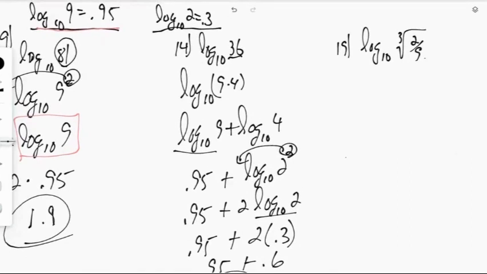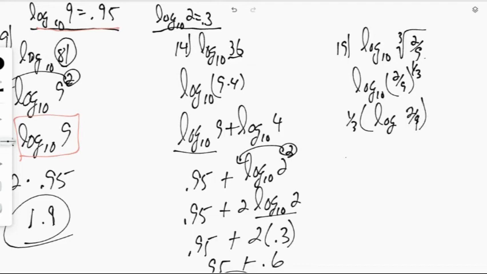Okay, we got the 1/3 power. Well, actually, let's rewrite that first as a power. Log base 10 of 2 divided by 9 to the 1/3 power. 1/3 power gets to come out front. Log base 10. I'm not going to write the base 10 this time. Save us some time. 2 divided by 9. That's going to be 1/3 log of 2 minus, because it's division, log of 9. So that's going to be 1/3. They gave us the 2, that's 0.3.